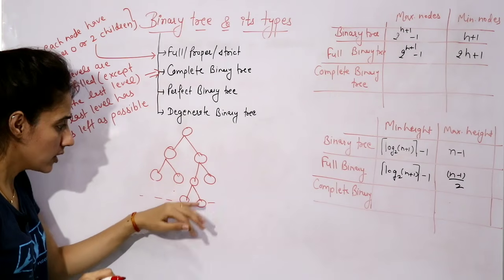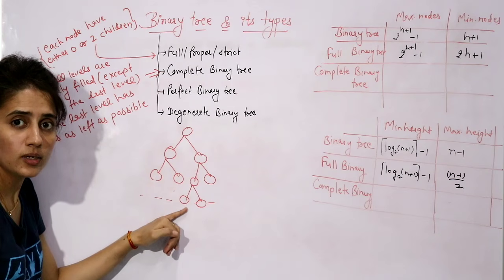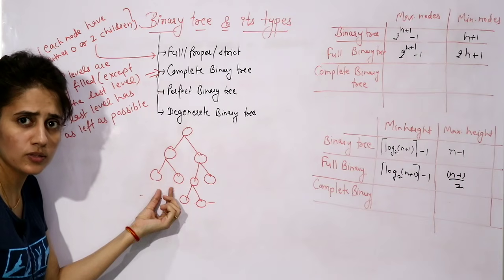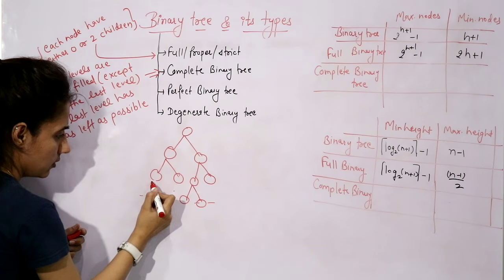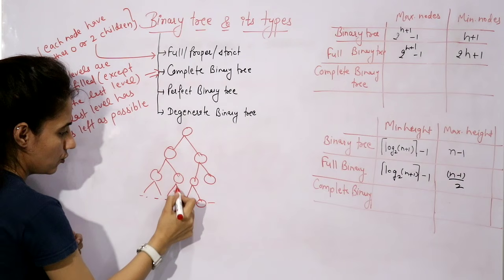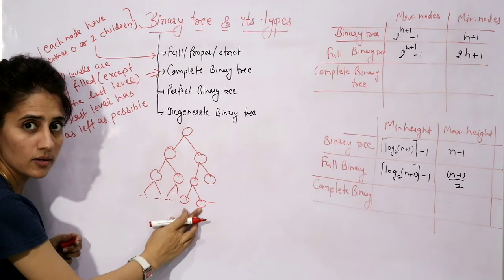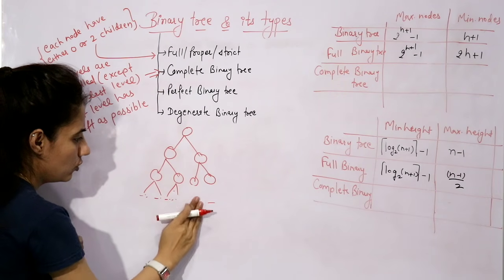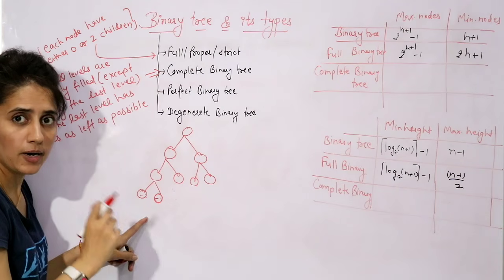Now the second condition: in the last level, the nodes should be as far left as possible, which means we fill the nodes in the last level from left to right. You cannot leave these spaces free and write the child node here, right? So you need to delete, and if I shift it here, then this is a complete binary tree.